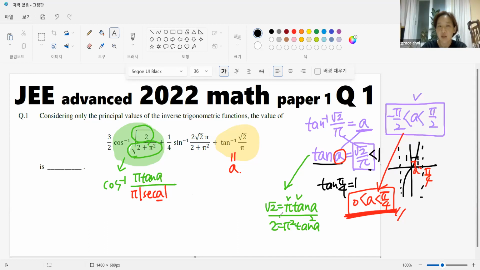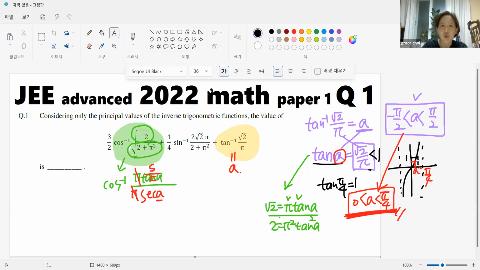Secant is 1 over cosine, and cosine of an acute angle is always positive. Therefore, we can erase the absolute value. Pi times secant. Cool. Simplify like this: instead of tangent, we can say sine over cosine.